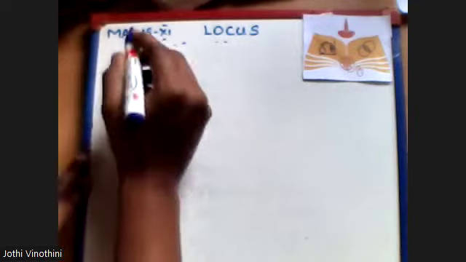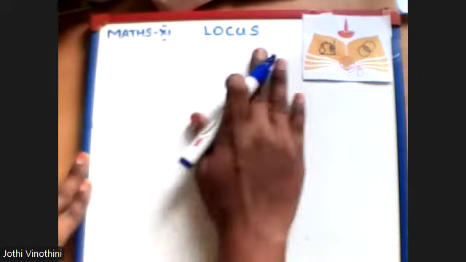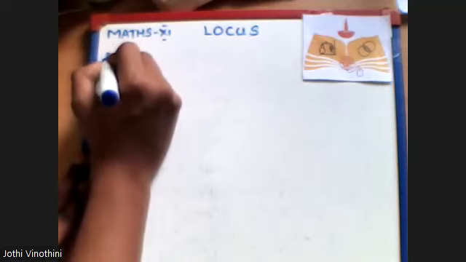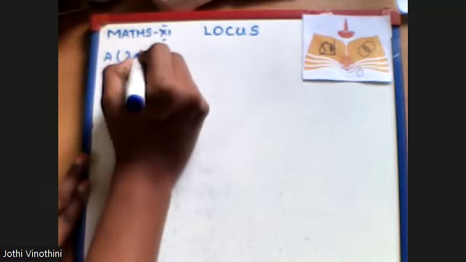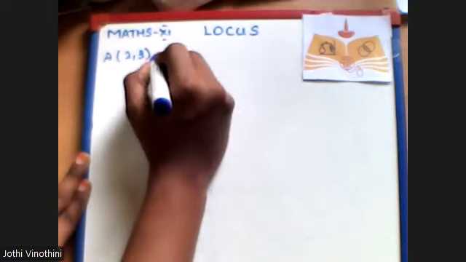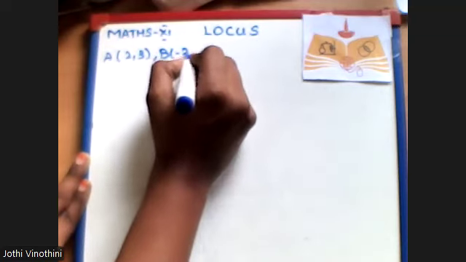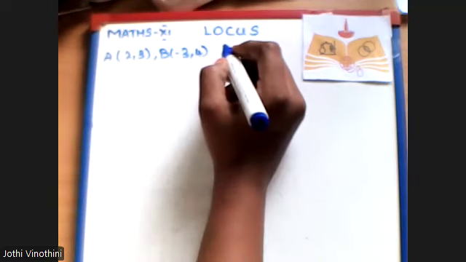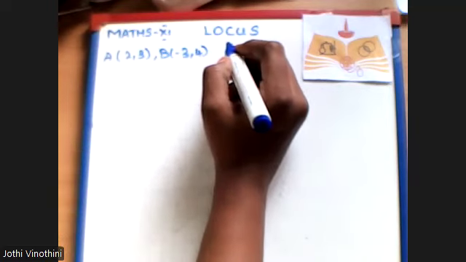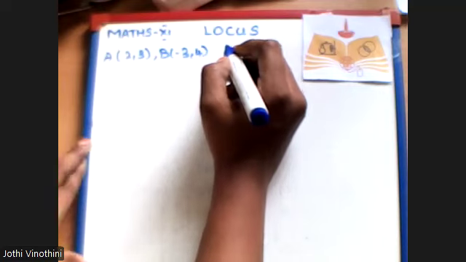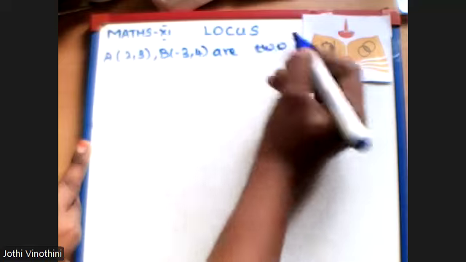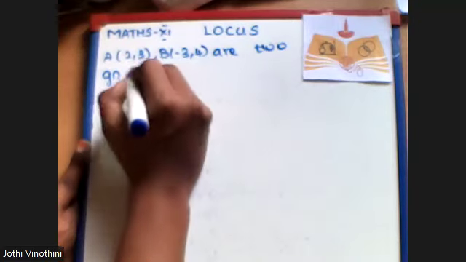Yes. This sum is a little bit different from the previous sum. They have given 2 points. A is 2, 3 and B is minus 3, 4. Two given points.